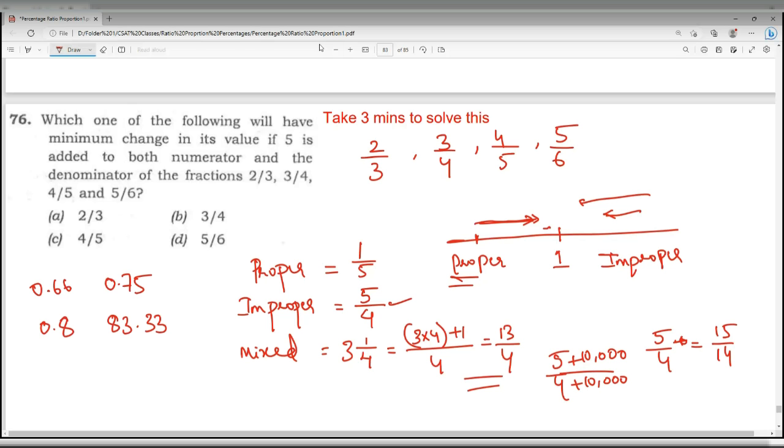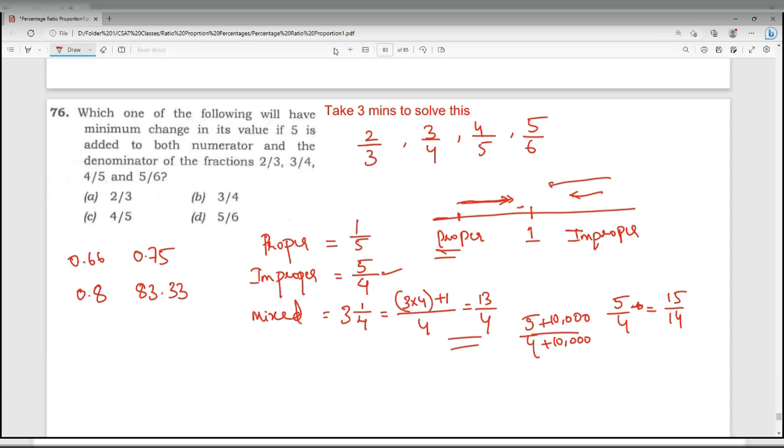I'm able to write this because I have memorized these fractions. 1 by 3 is 0.33. 1 by 4 is 0.25. 1 by 5 is 0.2. 1 by 6 is 0.166. Yes, 0.166. So 2 by 3 is nothing but 0.66.